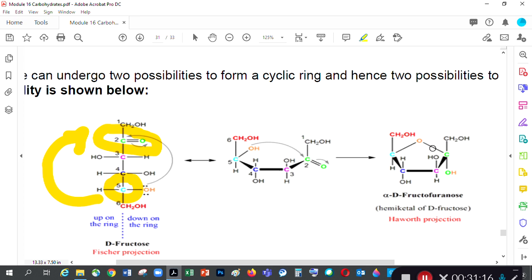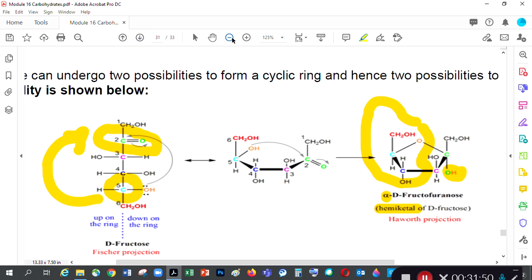You get a 5-member ring, and the OH at the bottom, this is an alpha. Now, this is another OR here. The rest of the molecule is OR. So this is hemiketal. Hemi what? Ketal. Why ketal? Because it starts from the keto group. This is a hemiketal.